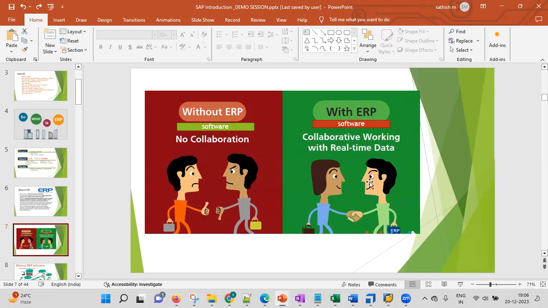So when you see this, which is in green, green is like you because you are maintaining the proper purse, proper things. That's the reason, collaboratively working with real-time data, you have proper information, and everything is secured properly.